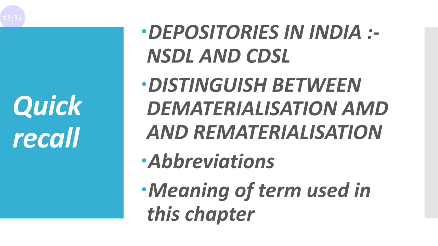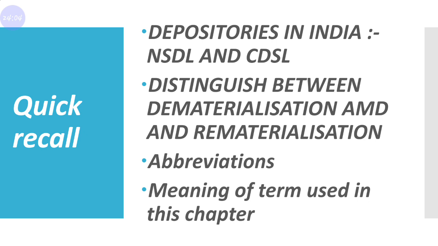Now we will have one quick recall of what we have learned today. We have learned about the depositories in India, that is NSDL and CDSL. Now NSDL and CDSL are the two depositories which exist in India and which were established by way of the Depositories Act of 1996.